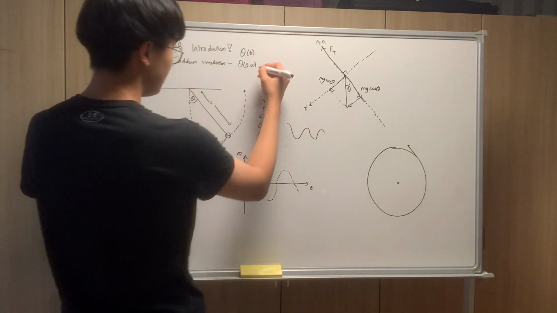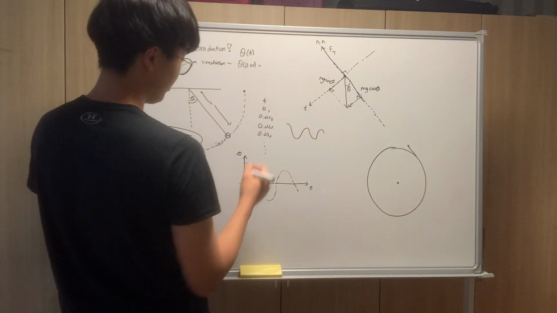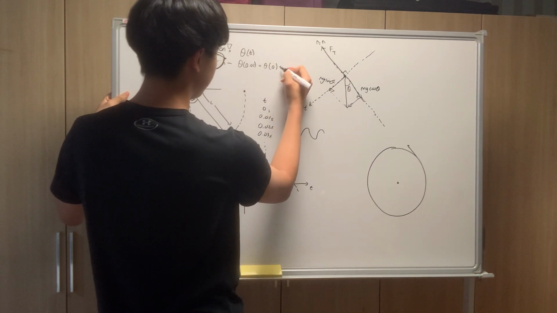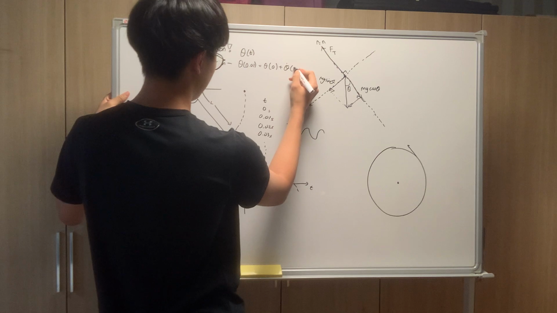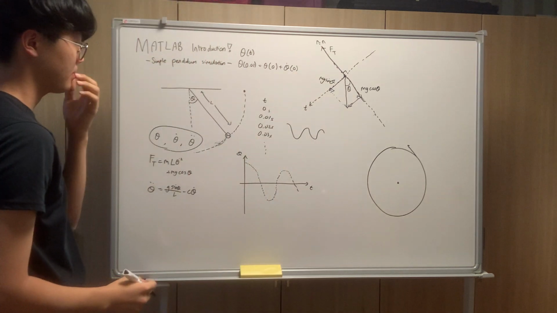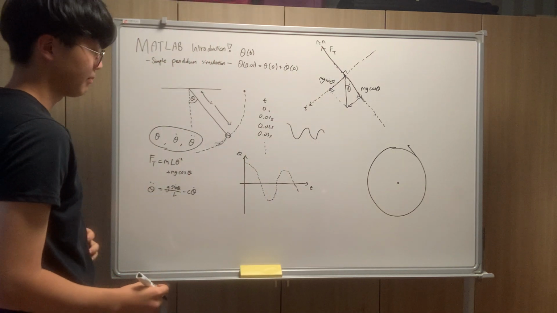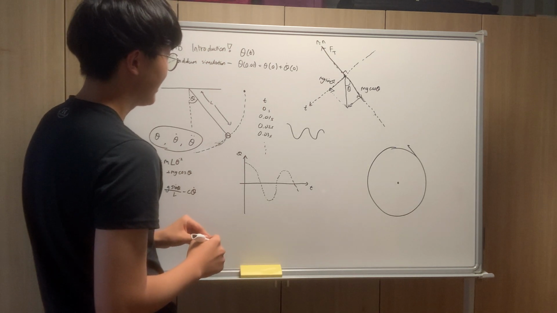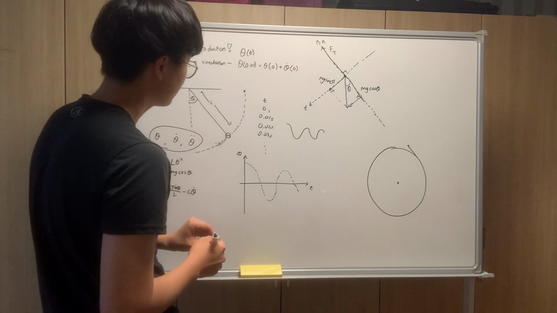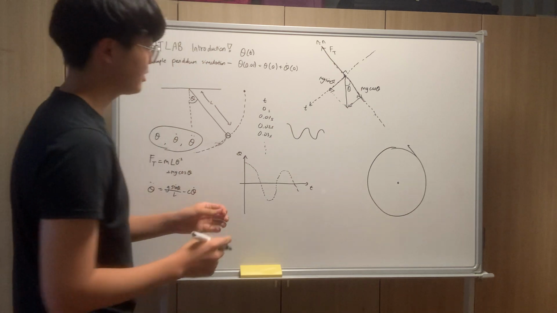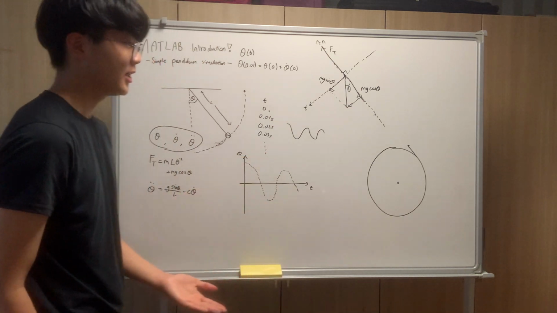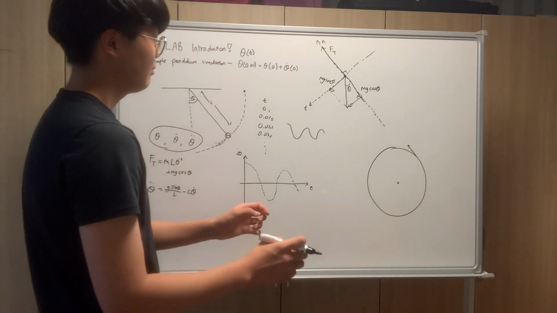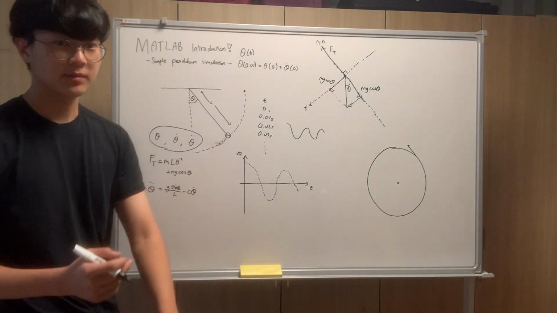That is going to be equal to theta of 0 plus theta dot of 0 times the time step, because we're basically adding. So theta at 0.01 seconds is theta at 0 seconds plus the change in theta times the time.